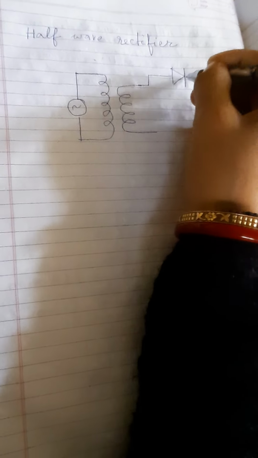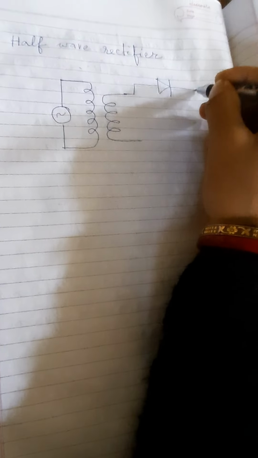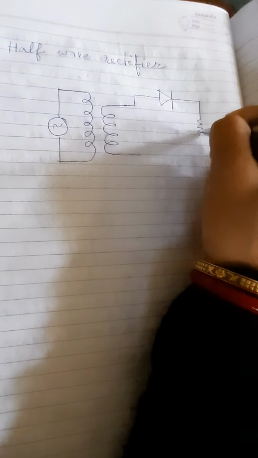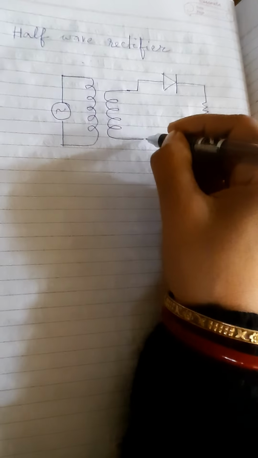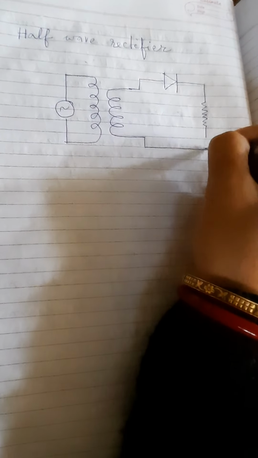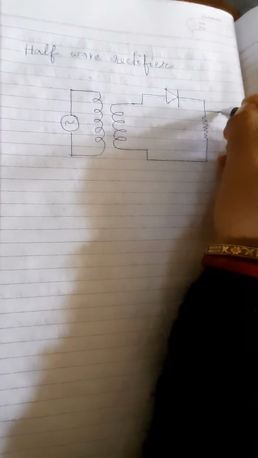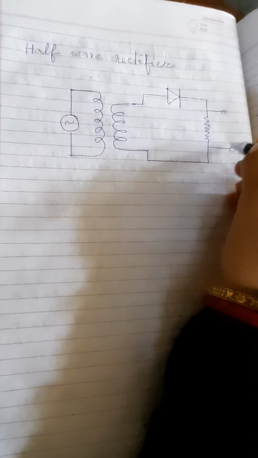This is the symbolic representation of the PN junction diode, and we use one resistor where we find the output.